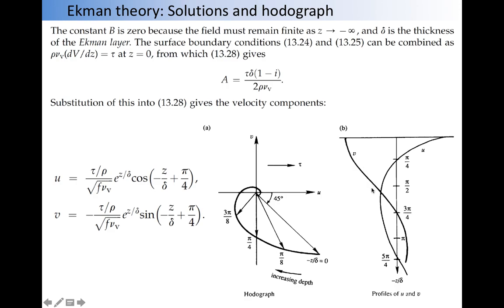And the figure on the right-hand side here plots u and v as a function of depth. U is over here, v is the thick curve, and they divide the depth in quarters.